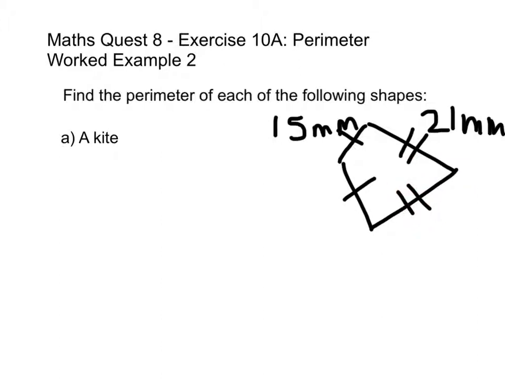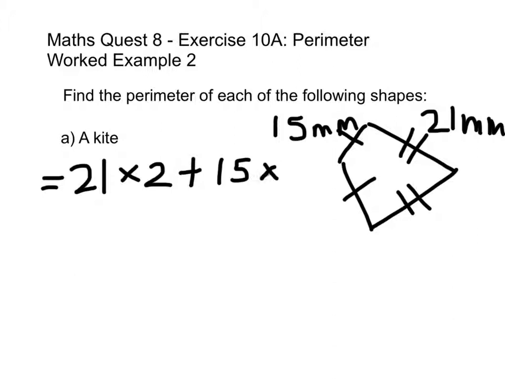So let's work out what the perimeter of this shape is. So first we'd look at the sides. So we know one side is 21 millimeters, and we multiply that by 2 because there's two sides of that length. Then we add the 15 millimeter side, and we multiply that by 2 as well because there's two sides of that length.